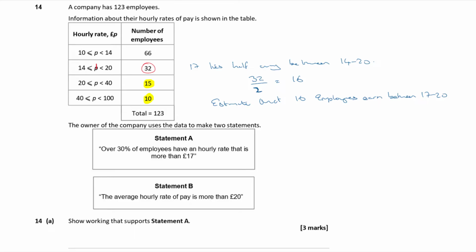Okay, so the total earning £17 plus is going to be equal to those 16 that we just worked out, plus the 15, plus the 10, isn't it? So 16 and 15 is 31, plus 10 is 41. 41 employees.